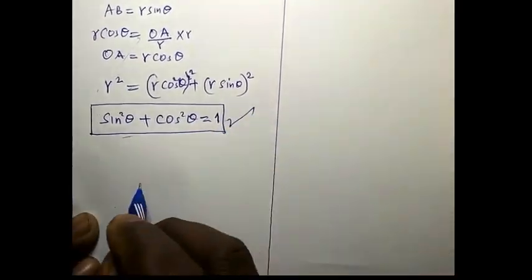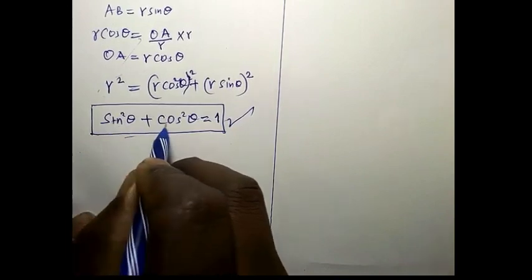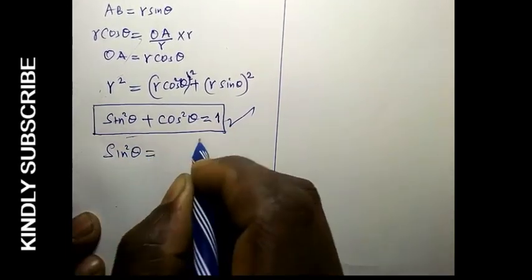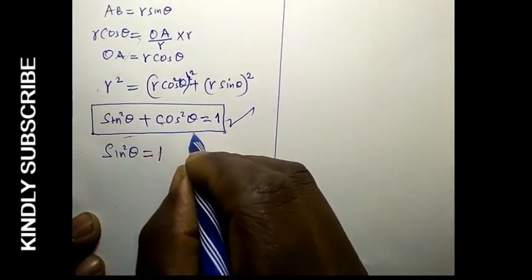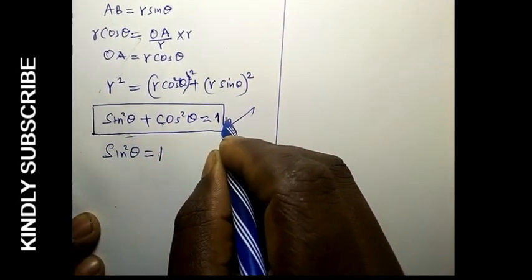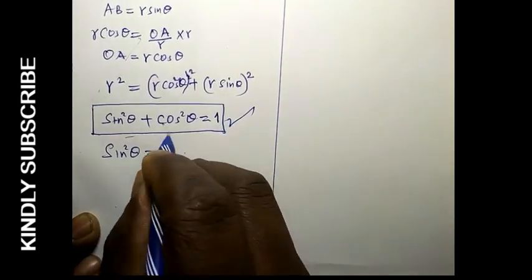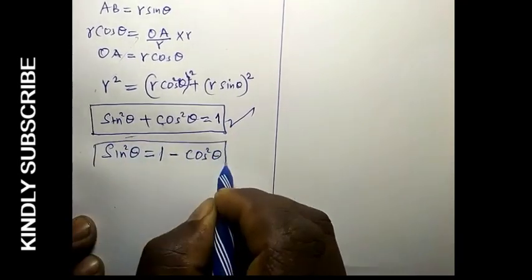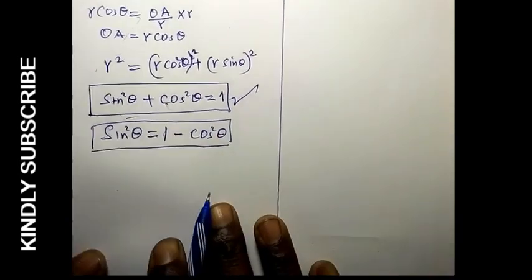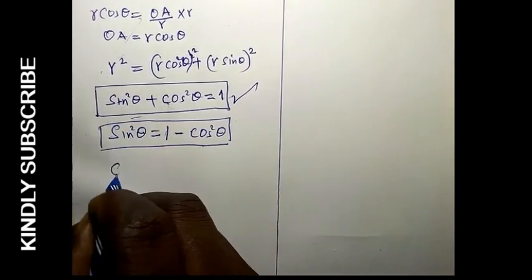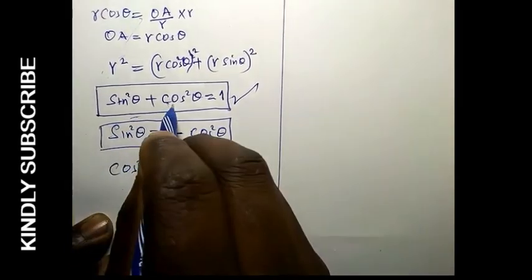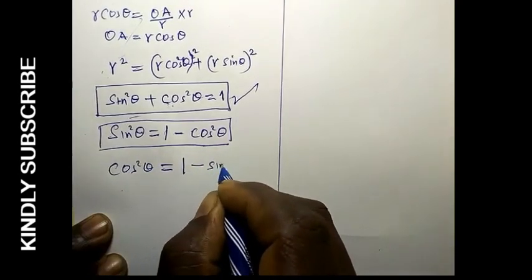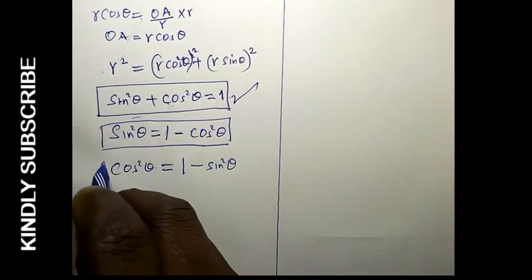If this is the case, it simply means that if I want sine squared theta from this equation, it will be equal to 1 minus cos squared theta, because this one will cross the equal sign and the sign will change to negative. A very important equation also to remember. And again, you should know that cos squared theta will be equal to 1 minus sine squared theta.